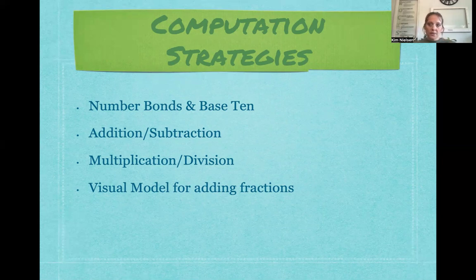And again, we'll talk about this and do them in our workshop. But we'll use number bonds and the base 10 system as you've seen. There are some addition and subtraction as well as multiplication and division strategies of how to do even relatively large numbers in your head and understand what you're doing. And then we will also use some visual models for adding fractions.